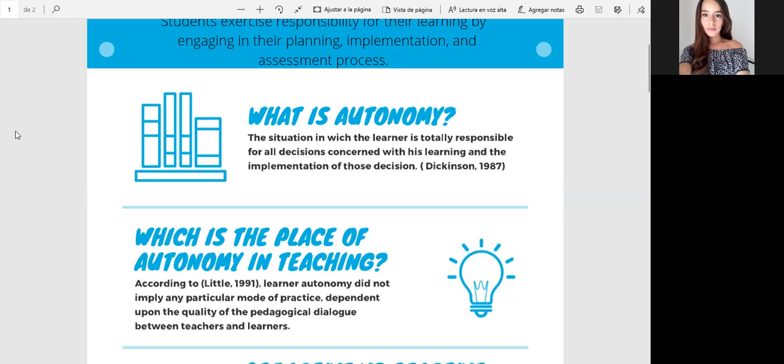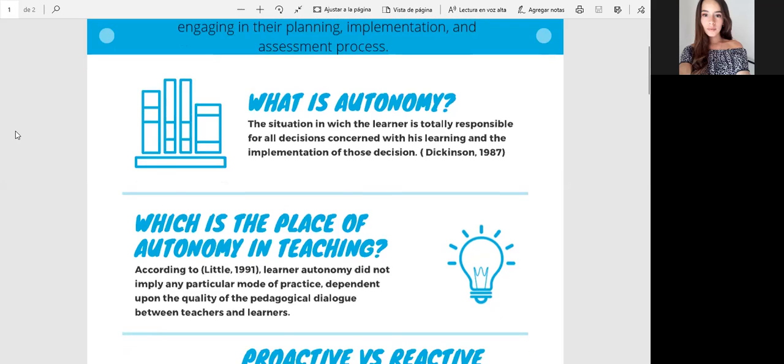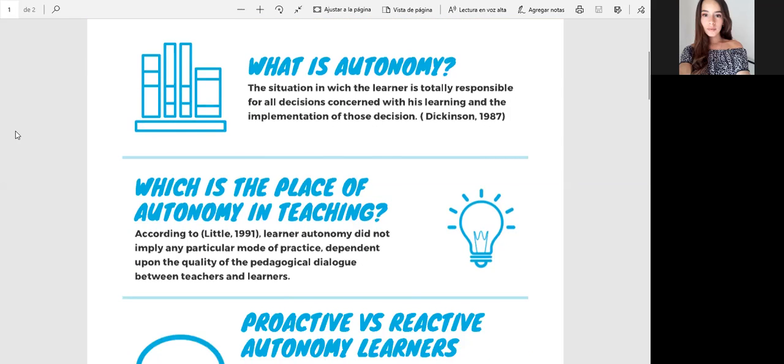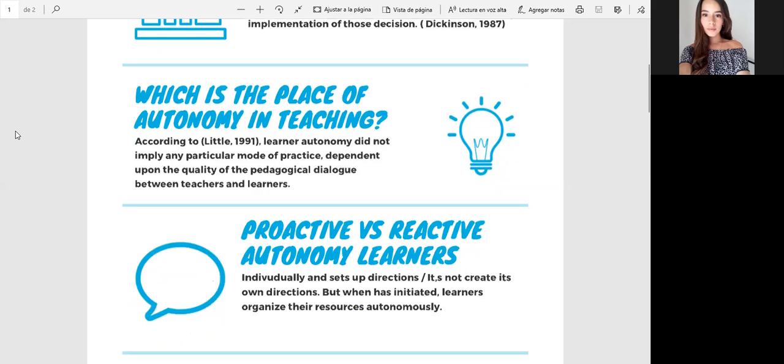It is when the student is totally responsible for all decisions about his learning and implementations of those decisions. Which is the place of autonomy in teaching? Well, according to Little, learner autonomy didn't imply any particular mode of practice. It depends upon the quality of pedagogical dialogue between teachers and learners.